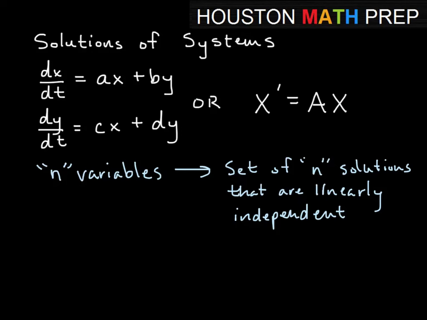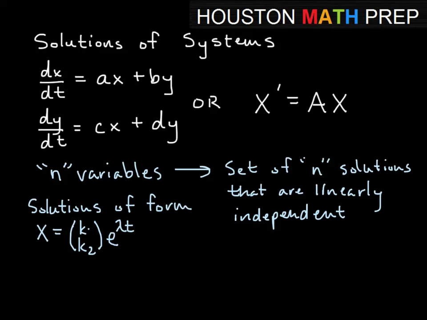And what you've seen in the last 2 examples, really, is that our solutions have been in the form, basically, I'm going to go ahead and call this x is equal to some constant, and some other constant times e to some multiple of t.